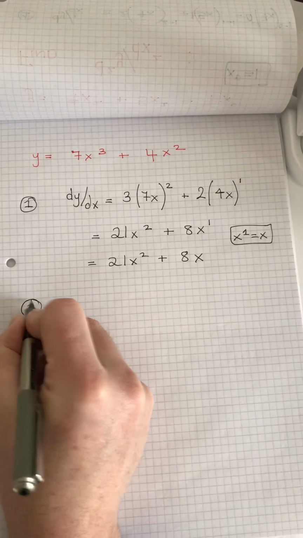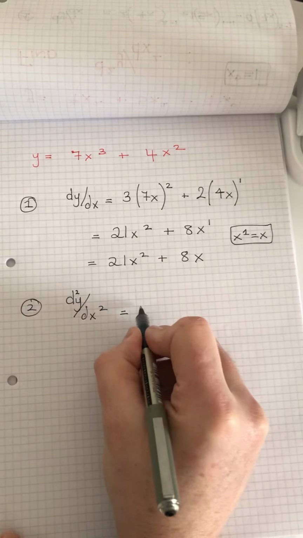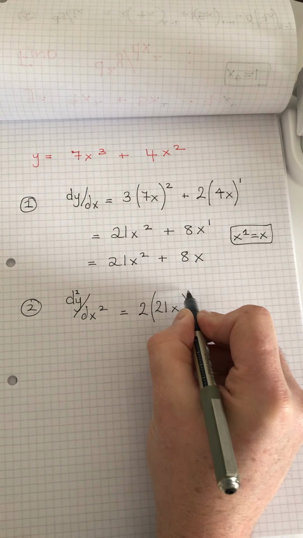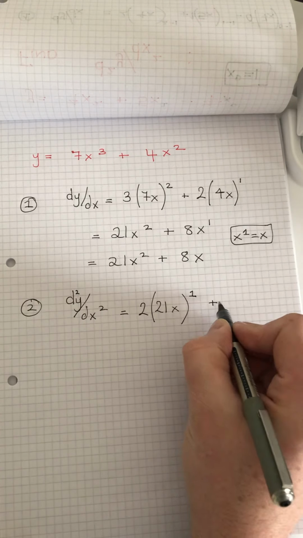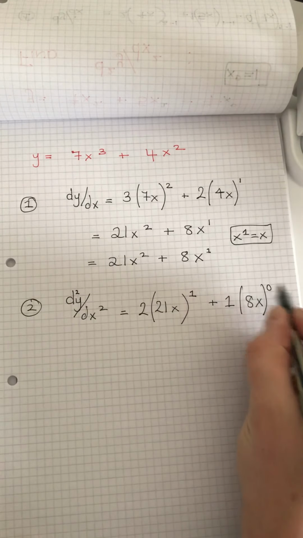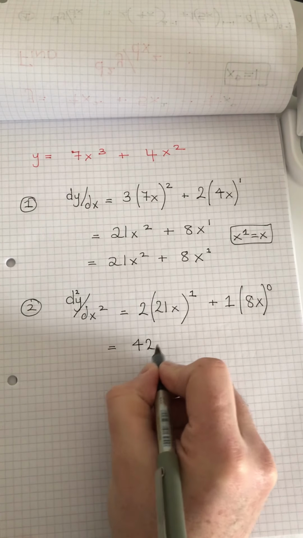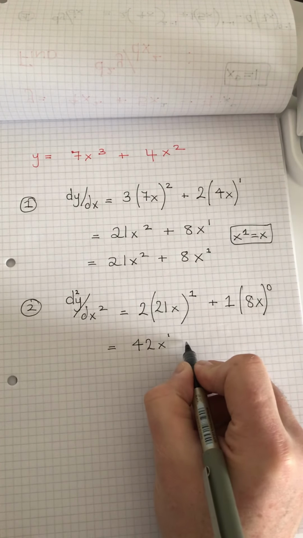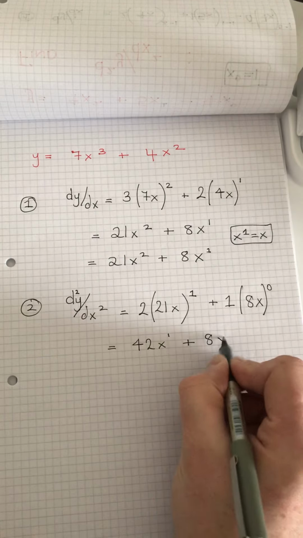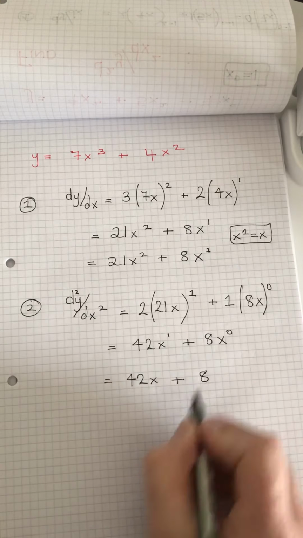And now step 2, d2y dx2 is equal to, multiply by the power is 2, 21x, to the power of 2 take 1 is 1, plus, that's the power of 1, so 1 times 8x, power of 1 take 1 is 0, which is equal to 42x, power of 1, plus 8x to the power of 0, which is 42x plus 8.